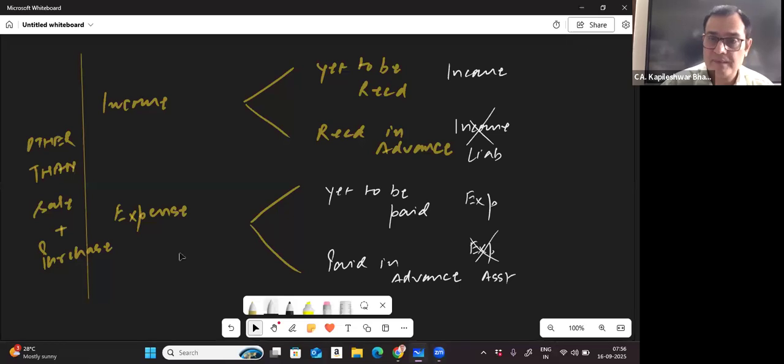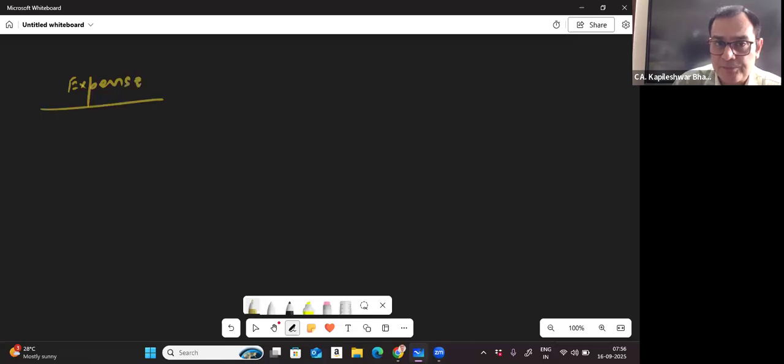Did you get the inputs? Let me document this. I'm looking at the 3 inputs now. So we are looking at expense, and I'm looking at 3 variations in the expense.